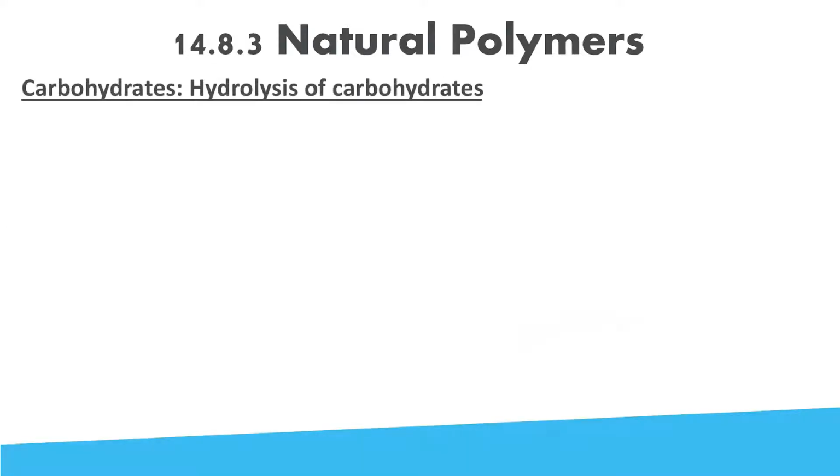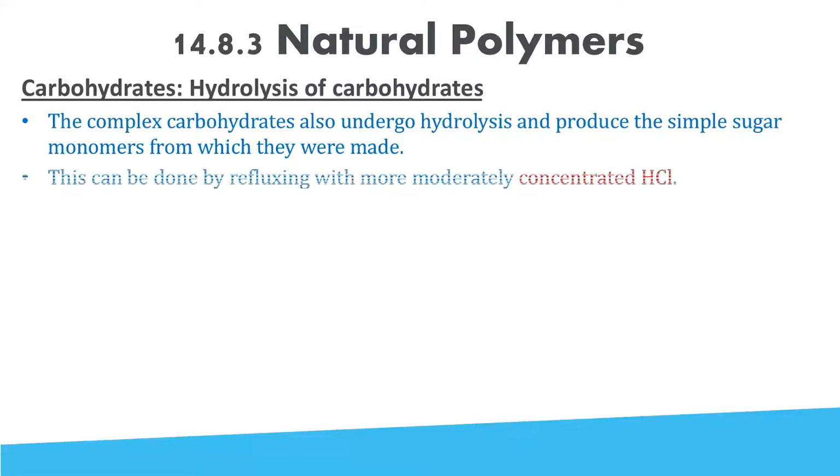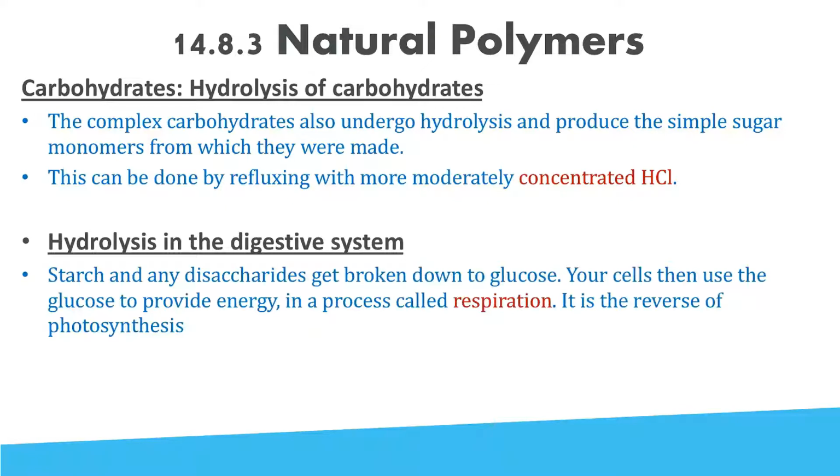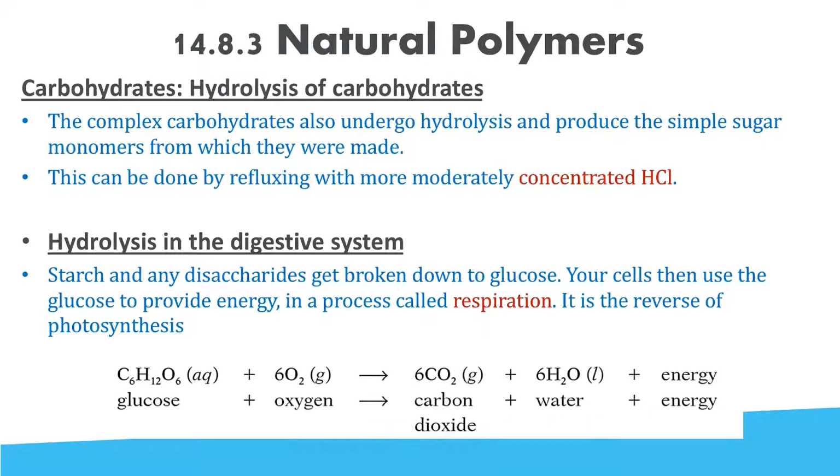Then we talk about the hydrolysis of carbohydrates, which is the exact opposite of polymerization, that is breaking down of polymers into monomers. For this to occur, concentrated hydrochloric acid should be added with water. Hydrolysis occurs in our digestive system in a process called respiration, which is the reverse process of photosynthesis.